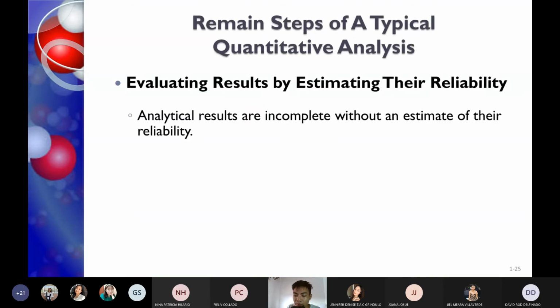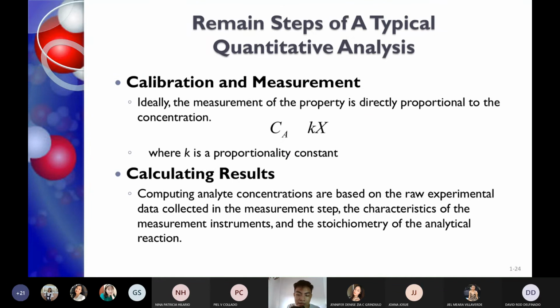Okay. And ito, punta na tayo sa remaining steps sa analysis, no? Sa paggawa ng laboratory experiment. So, syempre, magka-calibrate tayo, then measurement. Then, followed by that is that we calculate our results from the experiment, no?